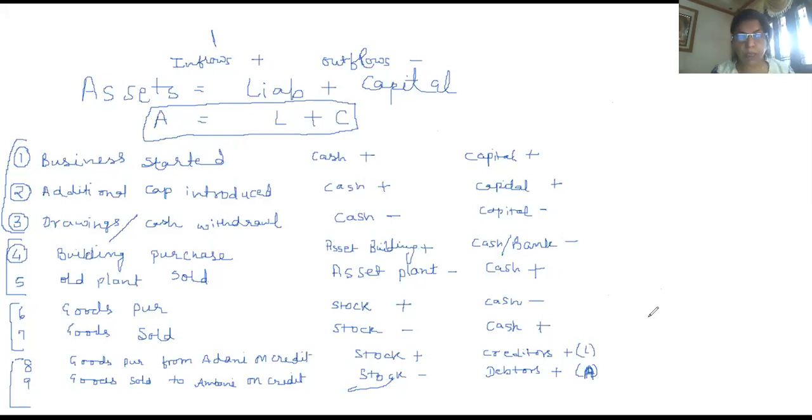Goods sold to Ambani on credit, stock minus, debtors plus. See, maybe Adani, maybe Ambani, various names are there. We can enter all these, but the name and amount change, like in place of building, there may be land and building, plant and machinery, furniture and fixtures. Various assets are there, computer, AC, laptop.